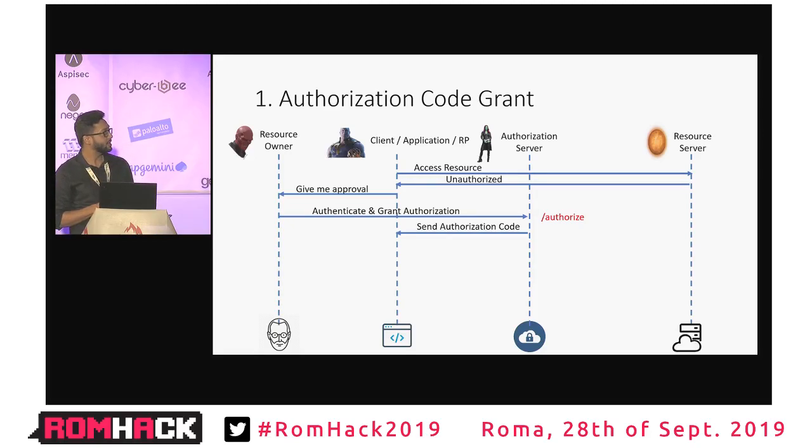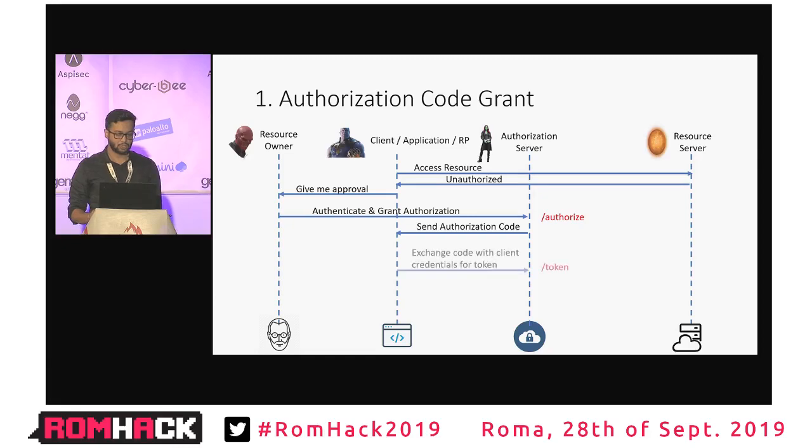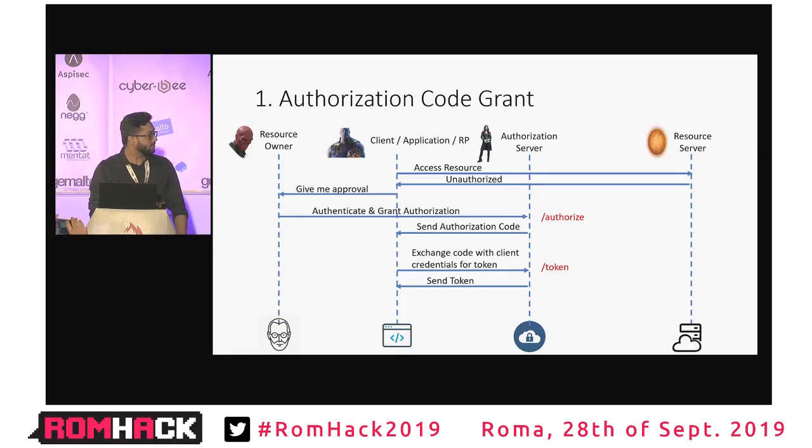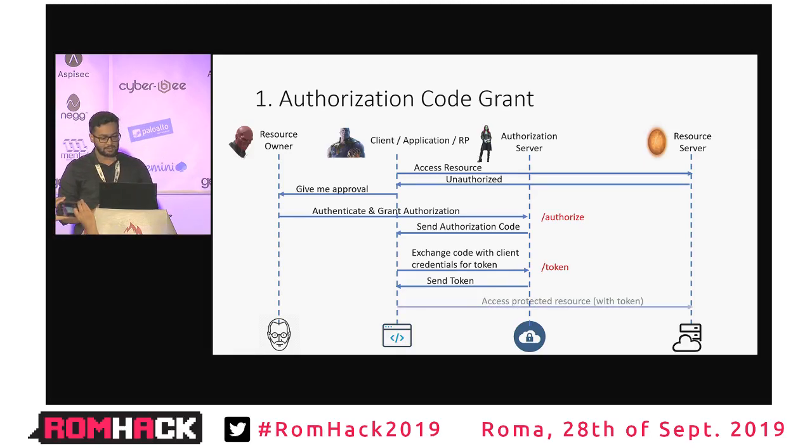The auth code is sent back to the redirect URI of the client that was registered in the client registration step. Now, once the client has this auth code, it can hit the token endpoint and exchange it for an access token. And you will also notice that the client needs to authenticate using the client credentials that were given out in the client registration step. Once the client has the access token, it can hit the resource server's endpoints to access the resource.